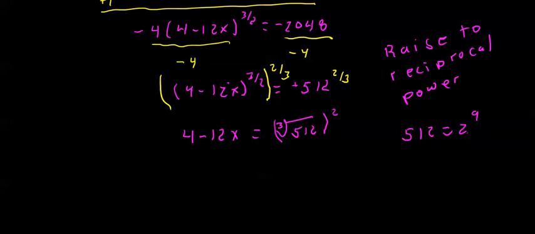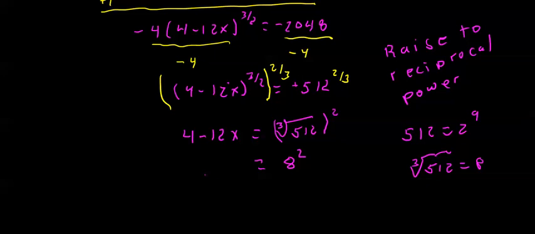If it's 2 to the 9th, there are 3 groups of 2, so the cube root of 512 equals 8. And then we square it. You can do the work if you want, or you can take my word for it. You should know this. This will show up a lot.